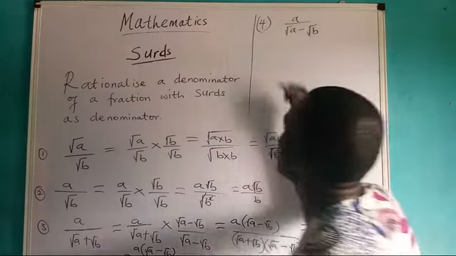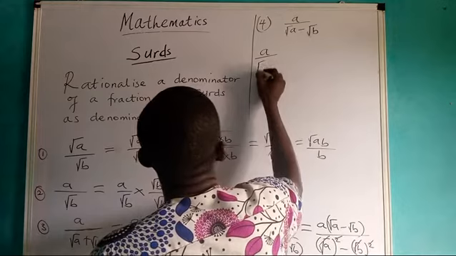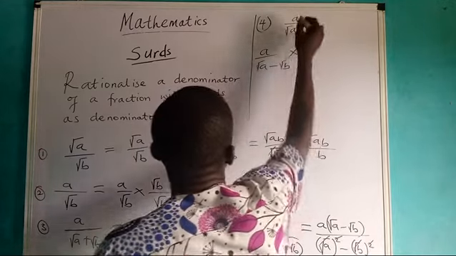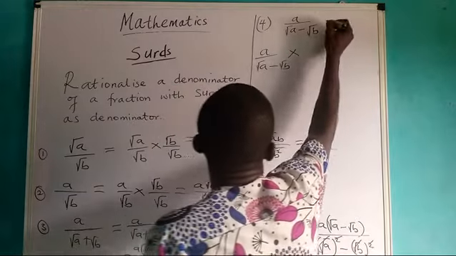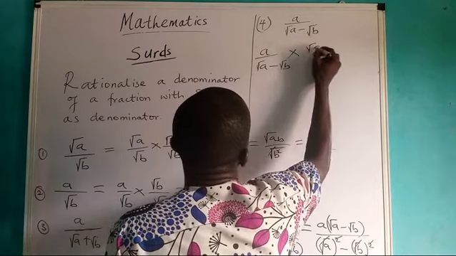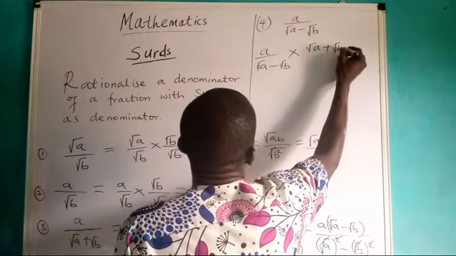So it becomes A all over root A minus root B, multiplied by root A plus root B over root A plus root B, that is the conjugate.